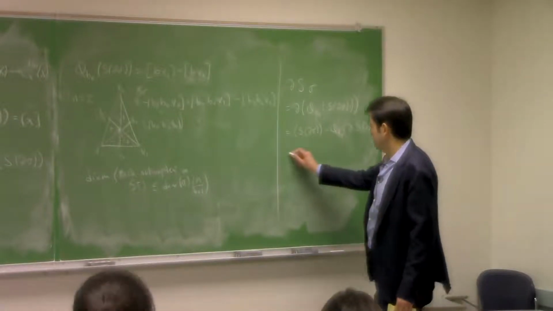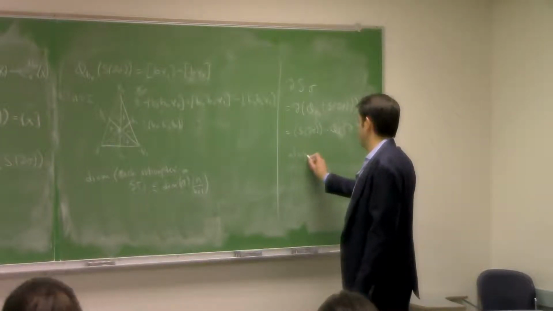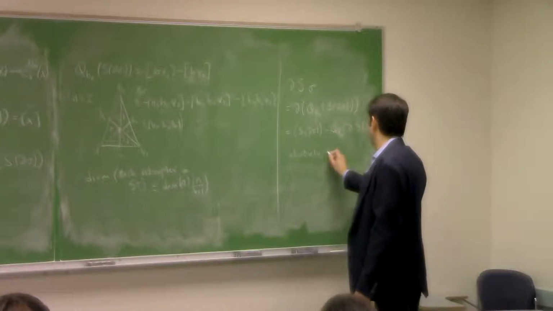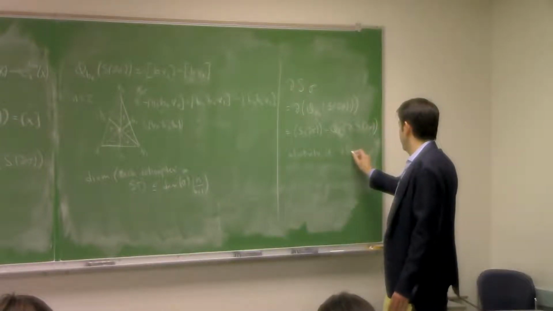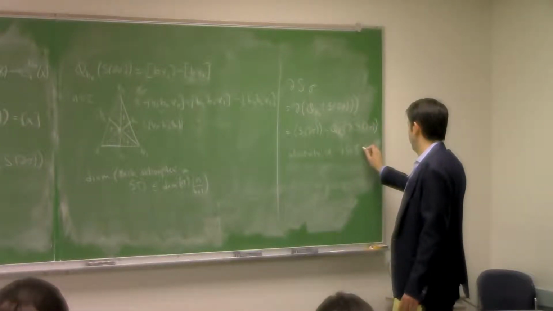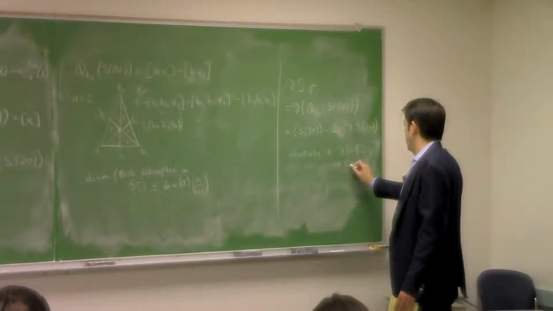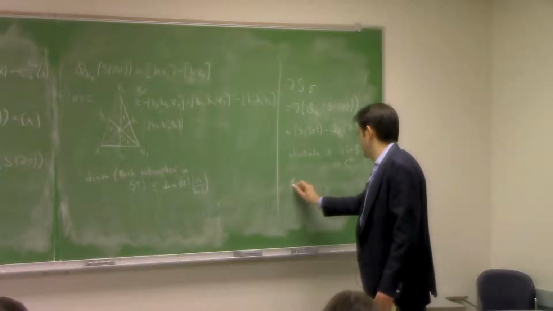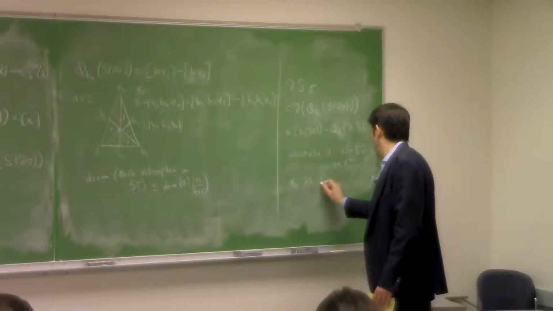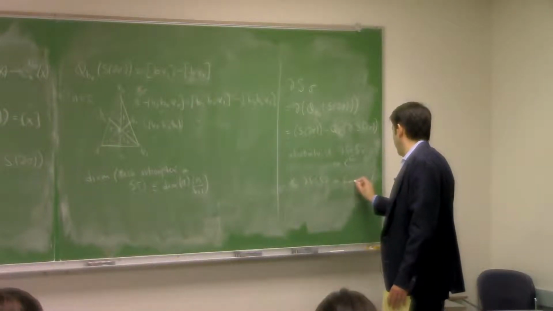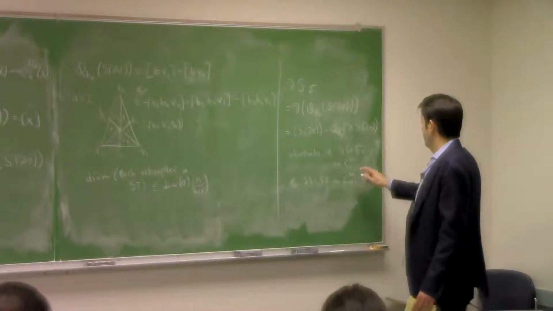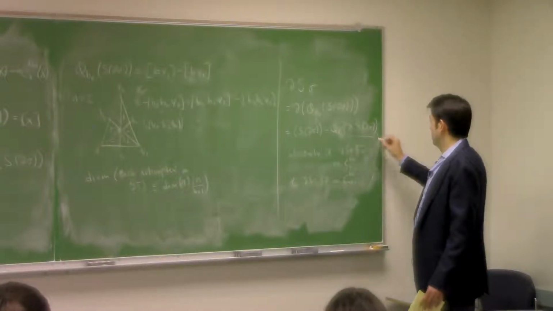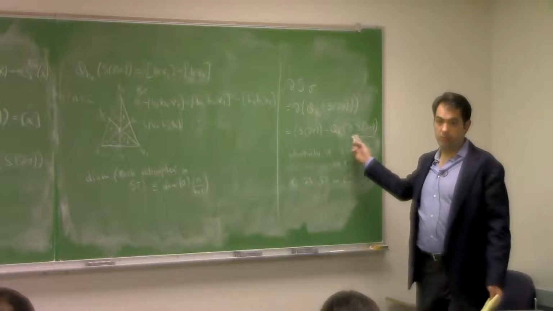Okay, so inductively, if S commutes with the boundary on Cn linear, then S commutes with the boundary on Cn plus 1 linear, because this term dies if S commutes with the boundary.